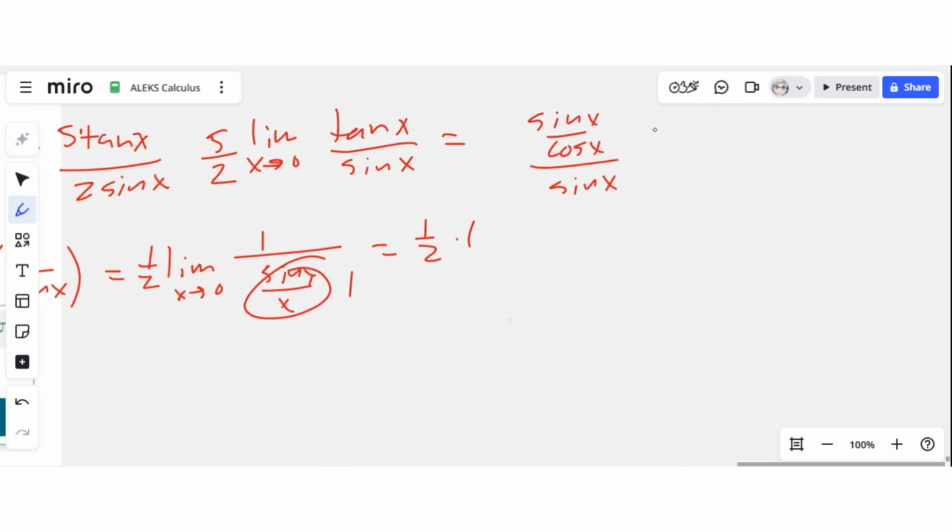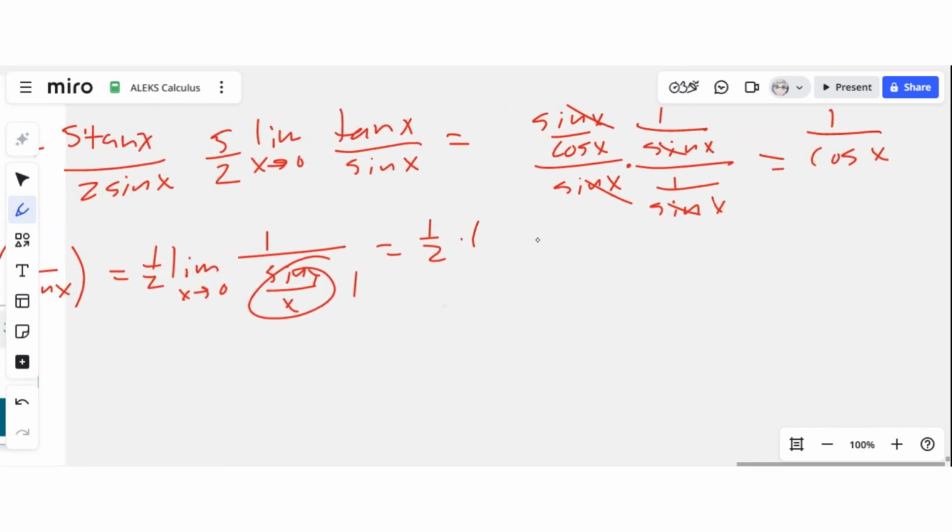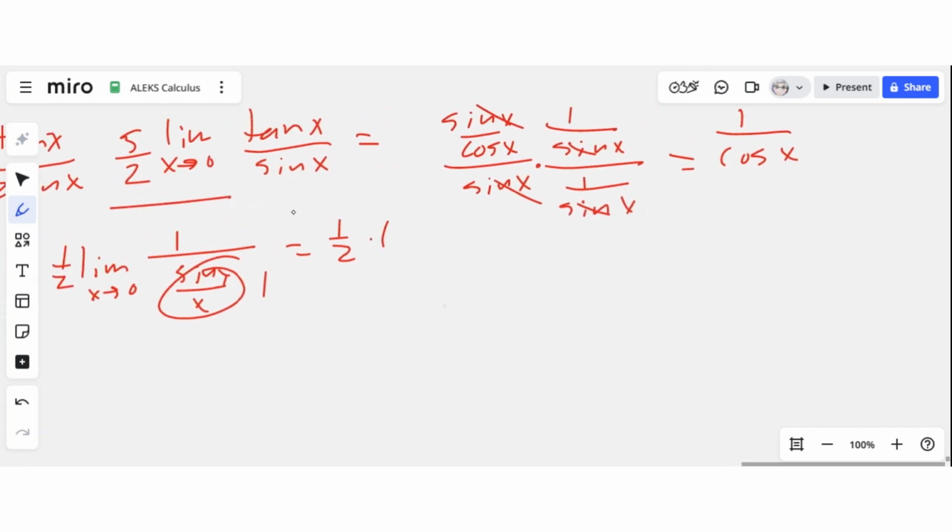I see what I can do. I can multiply the top and the bottom by 1 over sine x, which is really just multiplying by 1. And that'll cancel, and that'll cancel. What we are left with on the top is 1 over the cosine of x, and on the bottom is 1, so I won't even write it. So we've simplified that. I've still got this chunk, so let me re-add that: 5/2 times the limit as x approaches 0 of 1 over the cosine of x.